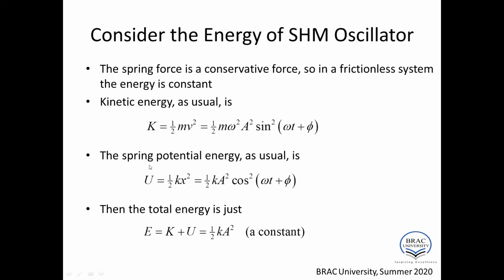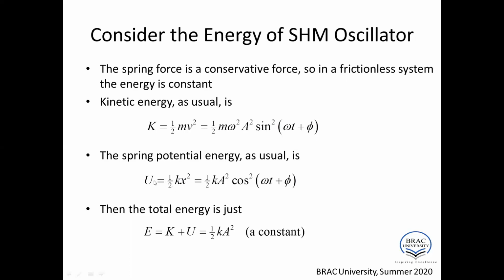And the potential energy of the spring: if we extend or compress the spring, the energy stored in this spring is potential energy, which is elastic potential energy. So its elastic potential energy U is equal to half k x square, which is related with the displacement and spring constant.